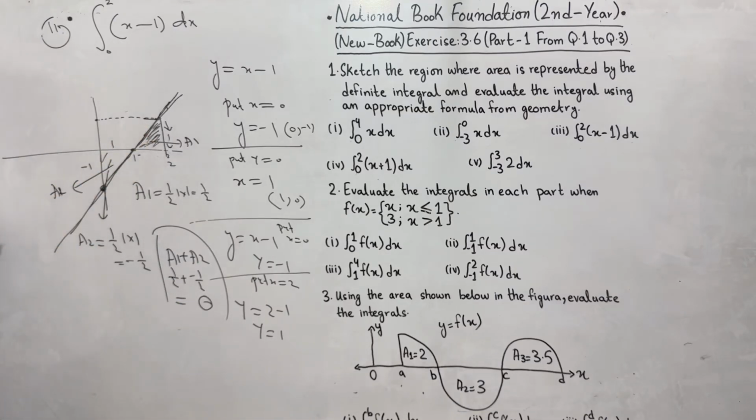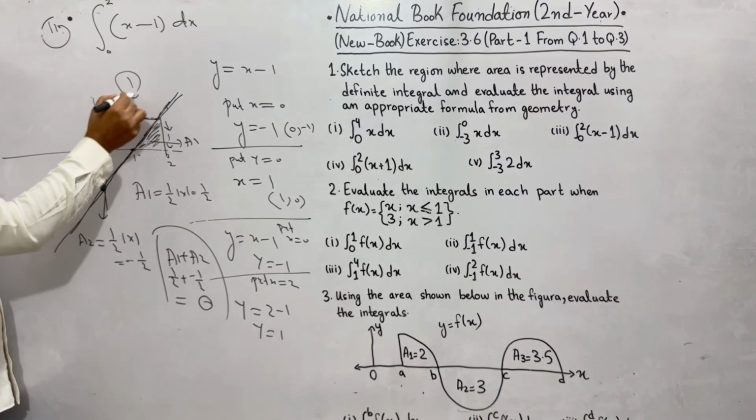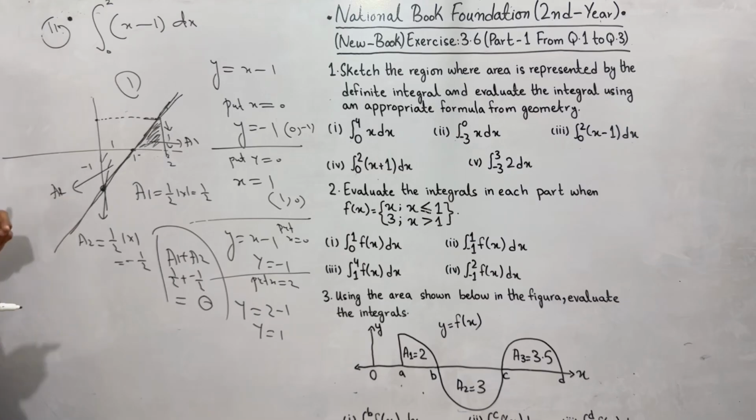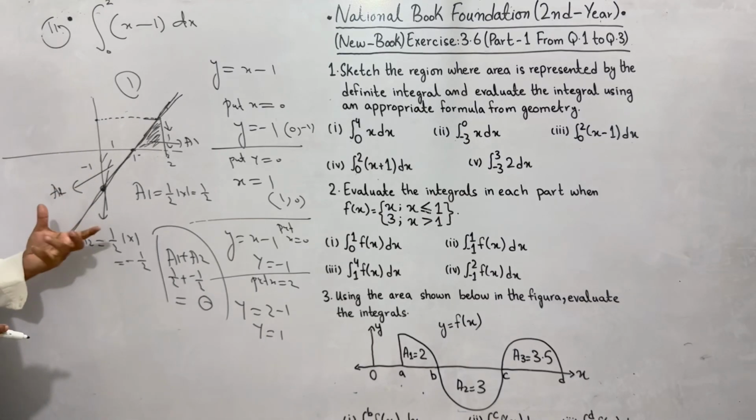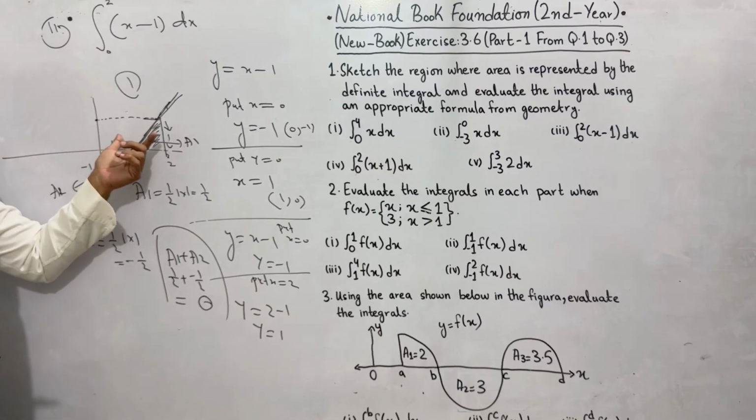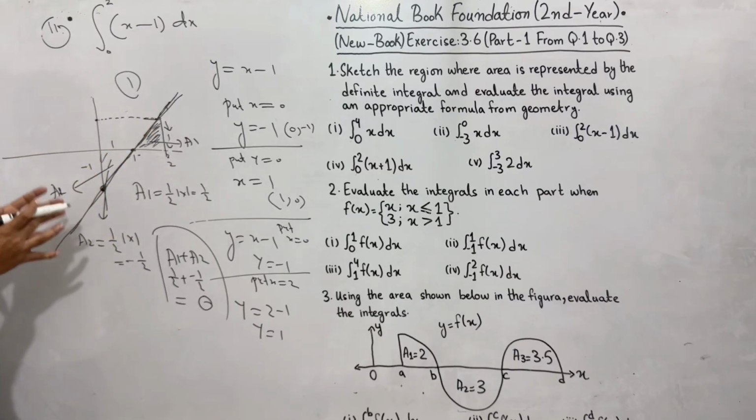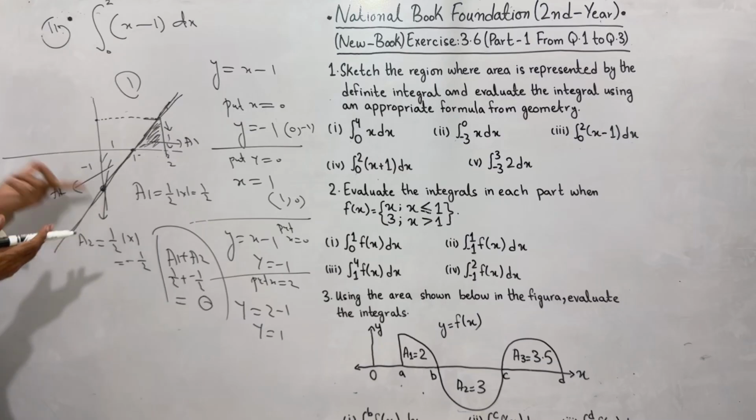If we discard the sign of this one, it is going to be 1. That's a mistake. Respect the sign. If your portion of the curve lies below the x-axis, its area is considered to be negative. Above the axis, its area is considered to be positive. Then add them simply. Whatever the answer is, it's your answer.